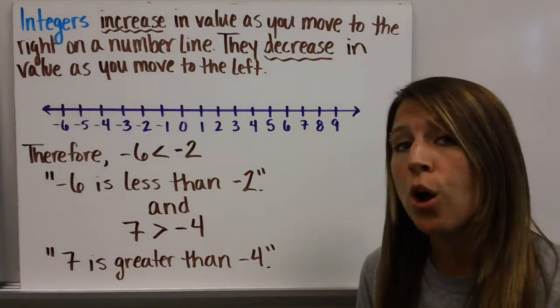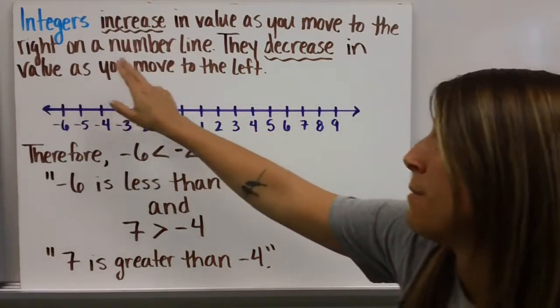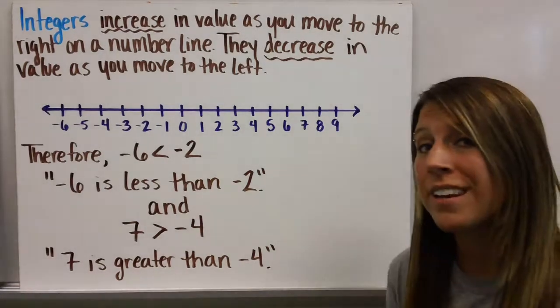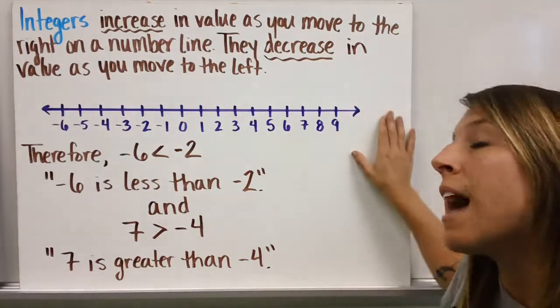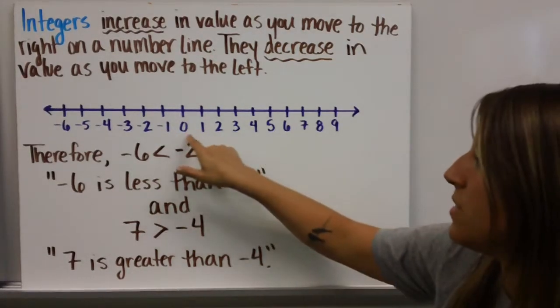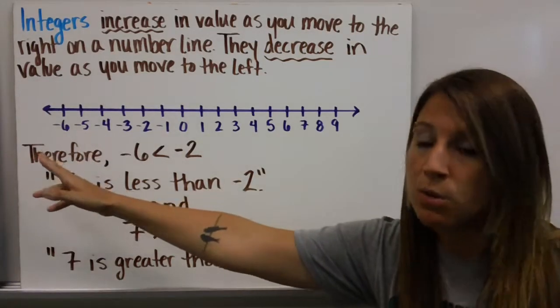It's important to know that integers increase in value as you move to the right on a number line, and they decrease in value as you move to the left. Here we have a number line to help us out with this concept, but if we look at the number line, we can see that the integers increase as we go to the right and decrease as we go to the left.